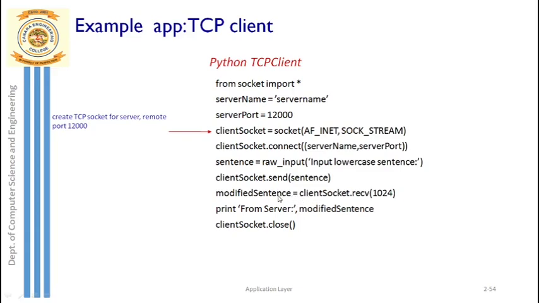So only this output is received here, which is stored in modifiedSentence, and displaying is happening. And now you close the client's socket. So only two differences. One is SOCK_STREAM, and next the connect function, which is for connection establishment. And then here, when you're receiving the uppercase statement, that is the output message from the server.